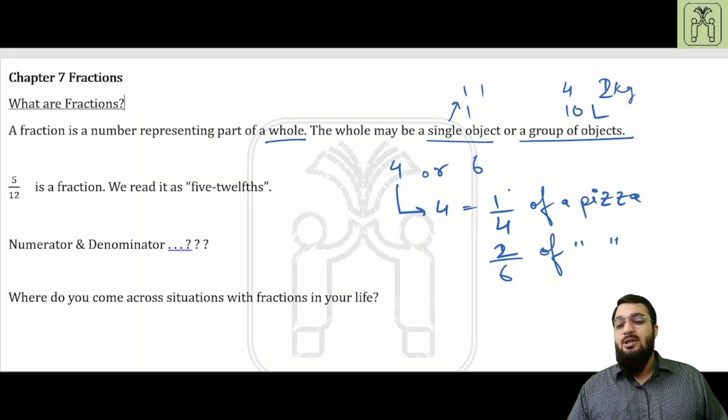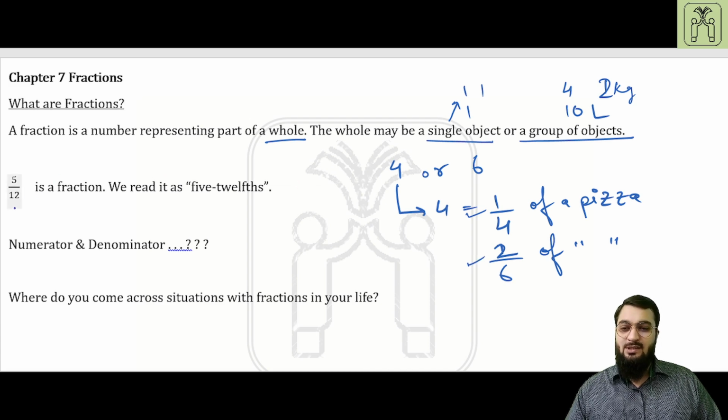Coming to the next thing, how do we pronounce a fraction? For example, 1 upon 4, 2 upon 6. Take 5 upon 12 as an example. It is a fraction because 5 is a part of a whole which is divided into 12 pieces or parts. We read it as 5/12. You can see that it is not just 12, it is 12ths.